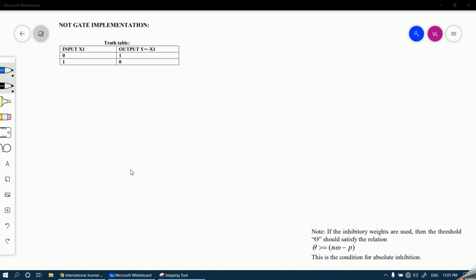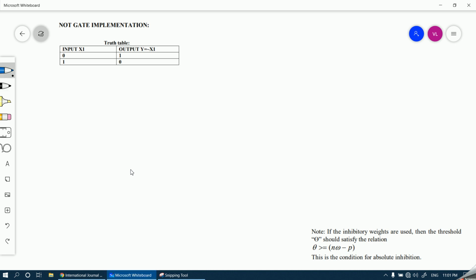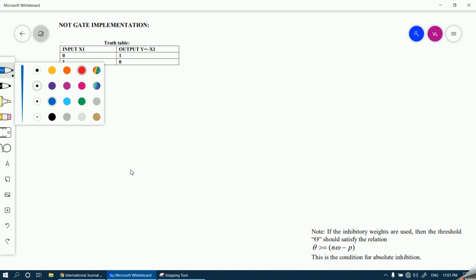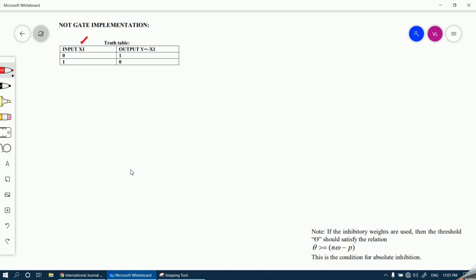So as you all know, your NOT gate includes one input which is x1 and the output is y. What does it indicate?